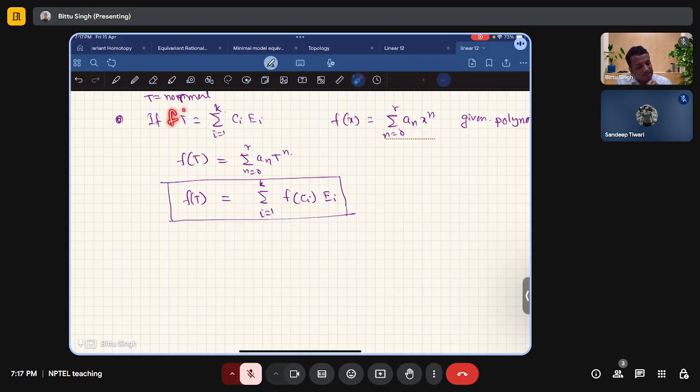F applied on T is the same as just applying f on those ci. This is not true in general, but here it is true, because of this property: ei times ej equals 0. Using this property, you can easily check this.